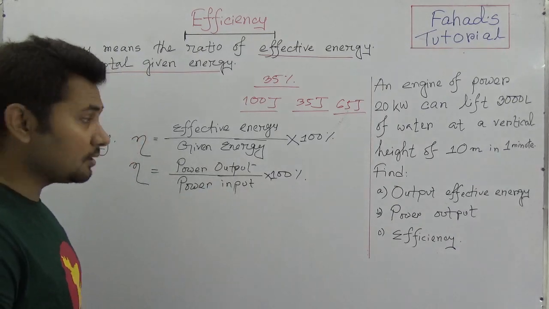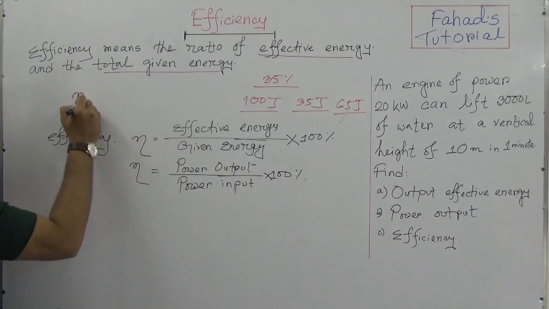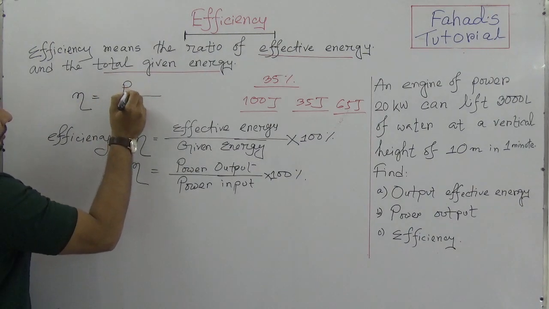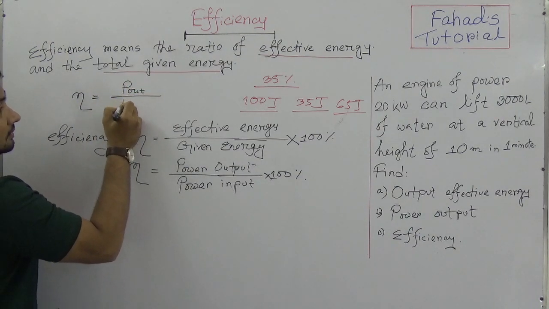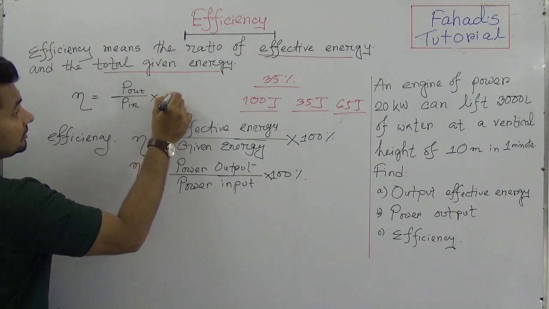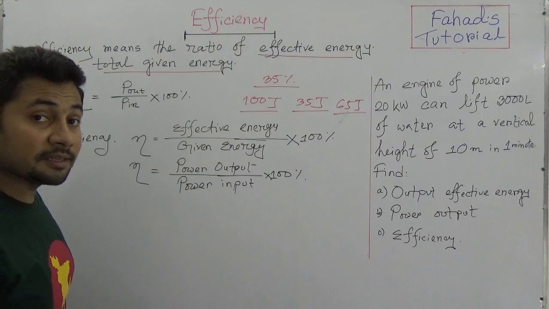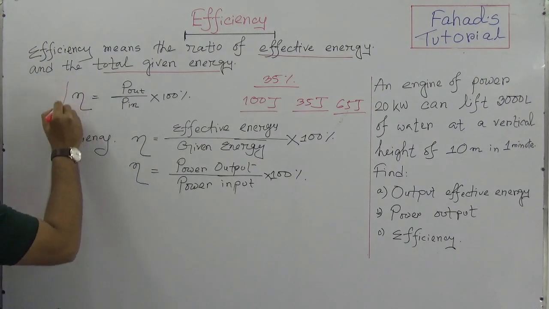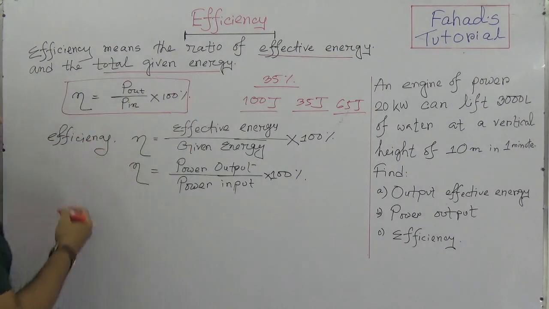So we can say shortly that eta is equal to power output divided by power input times 100%. We need to remember these equations when solving problems regarding efficiency.